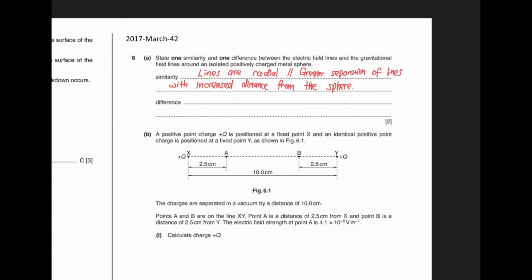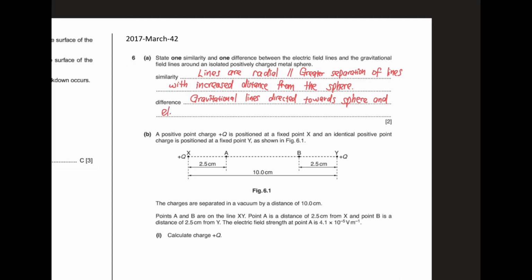Difference, so we have to say gravitational lines directed towards sphere, and that means it's attractive.